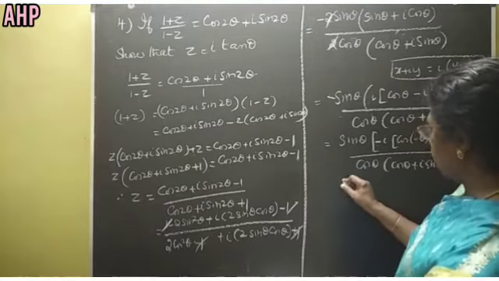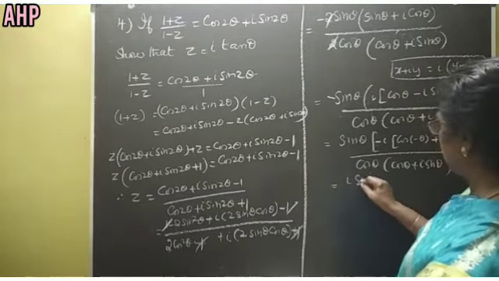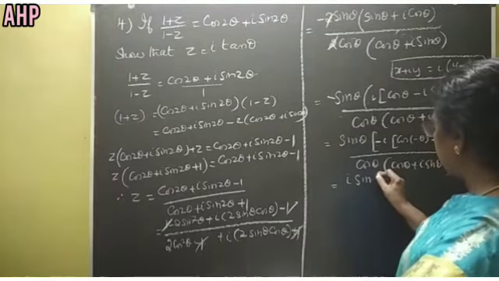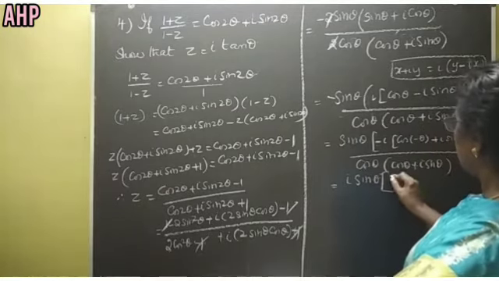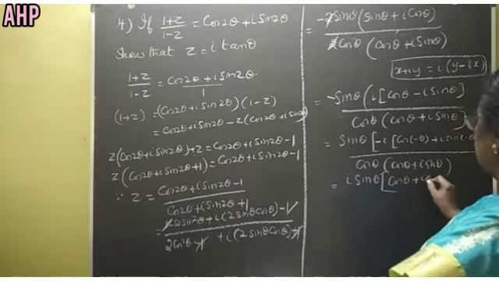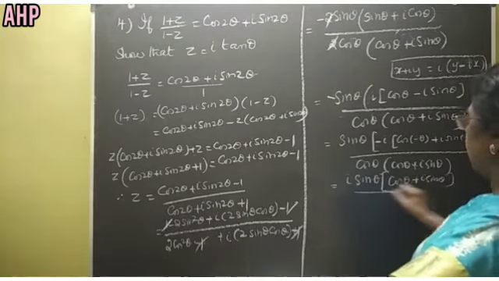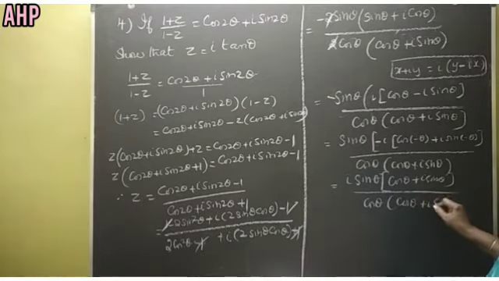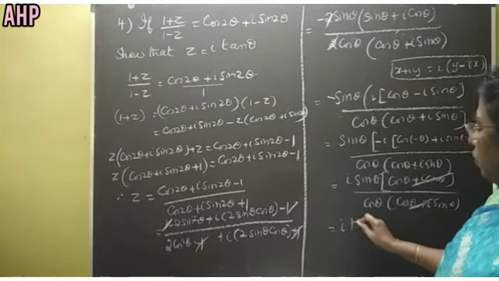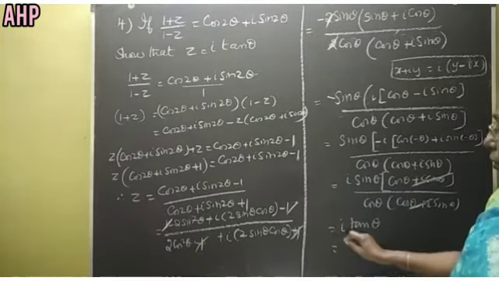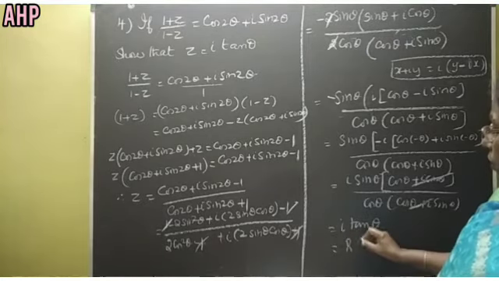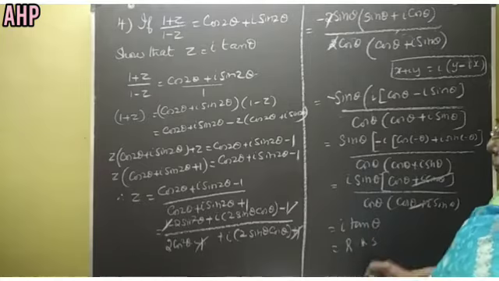So this is equal to I sin theta. This minus can be taken out, and it can be written as I sin theta into cos theta plus I sin theta divided by cos theta into cos theta plus I sin theta. So this gets cancelled, gives you I into tan theta. This is equal to your left hand side is equal to your right hand side, hence proved.